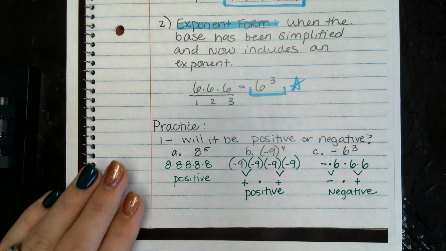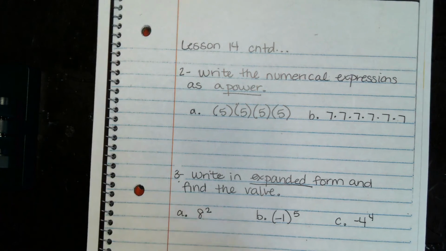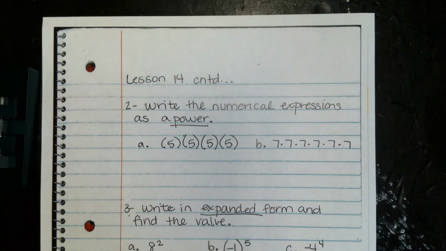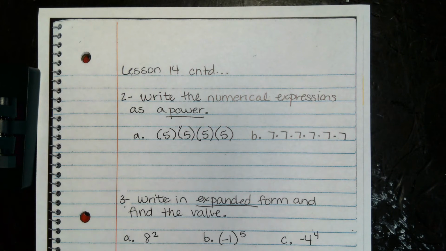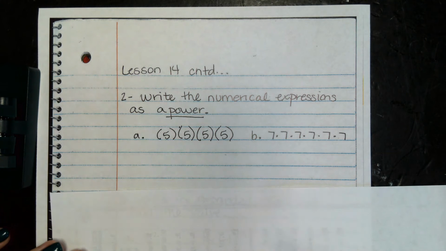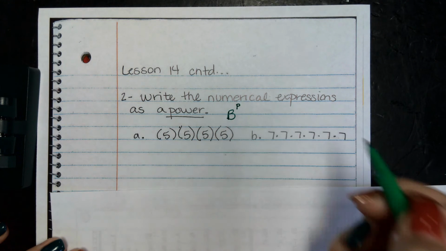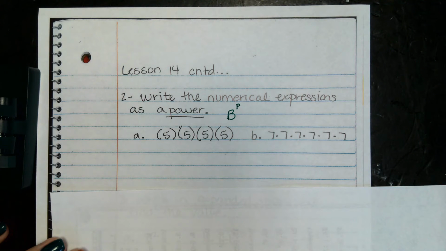All right. Now, our final set of example problems today are here. For this grouping, it says write the numerical expressions as a power. So we want this to be a base to the power. That's what we want it to look like.